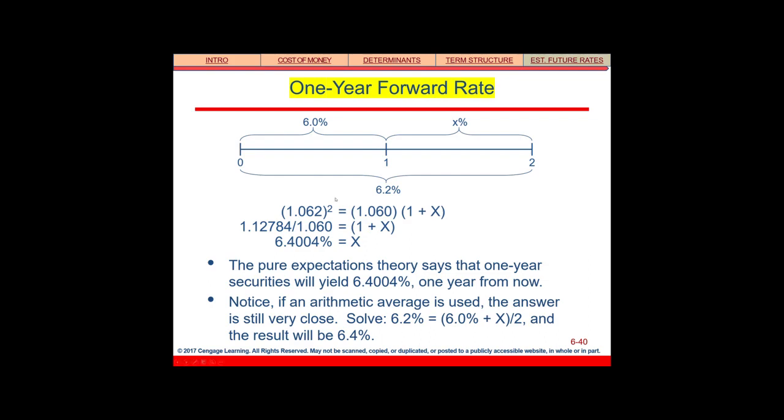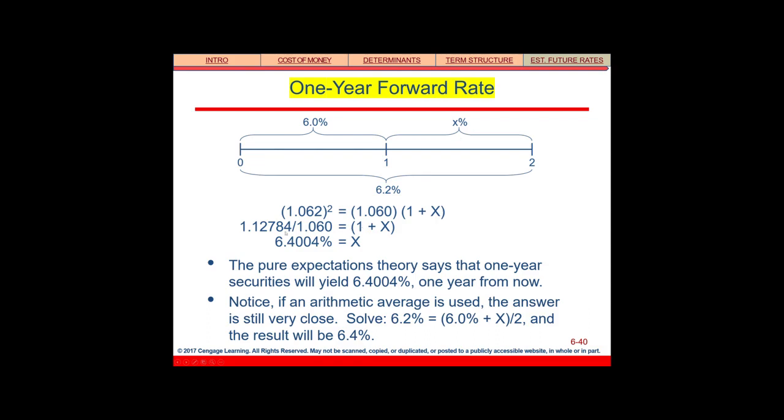So you can write an equation like this. 1 plus 6.2%, which is 1.062, squared, because 6.2% is the annual interest rate and you invest for two years, equals 1.06, which is 1 plus 6%, your principal and rate of return in the first year, times 1 plus X%.